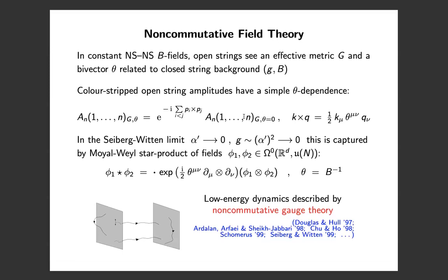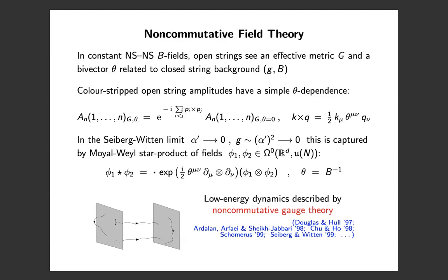So if you take the amplitudes I had on the previous slide, which were for B equals 0, and so this bivector theta is 0, then you just dress them with some phase factors. So this cross product of momenta that's written here is defined by this formula, where theta mu nu are the components of this constant bivector here.